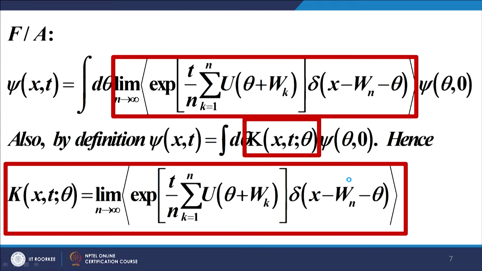The kernel can be written in the form of this expression, the last red box: K(x, t, θ) is equal to the limit n tending to infinity of this whole expression, including this delta function. That is clearly seen by comparing these two equations, and comparing the expression for the K in this expression and this integrand.